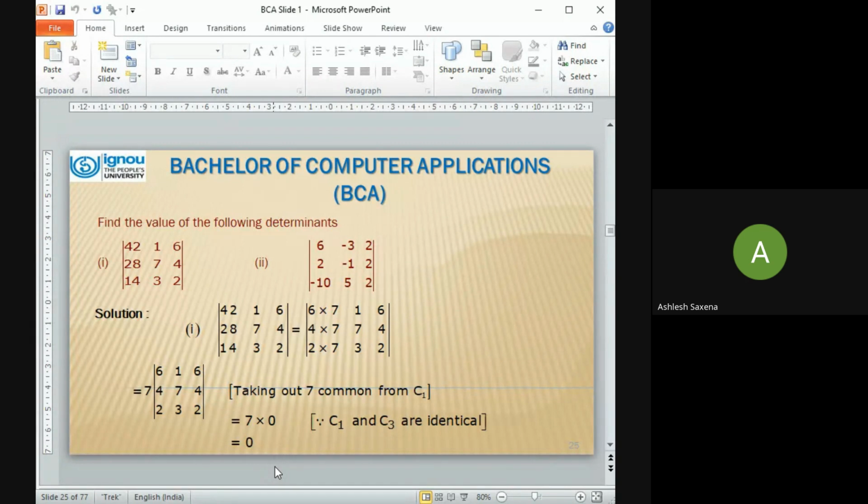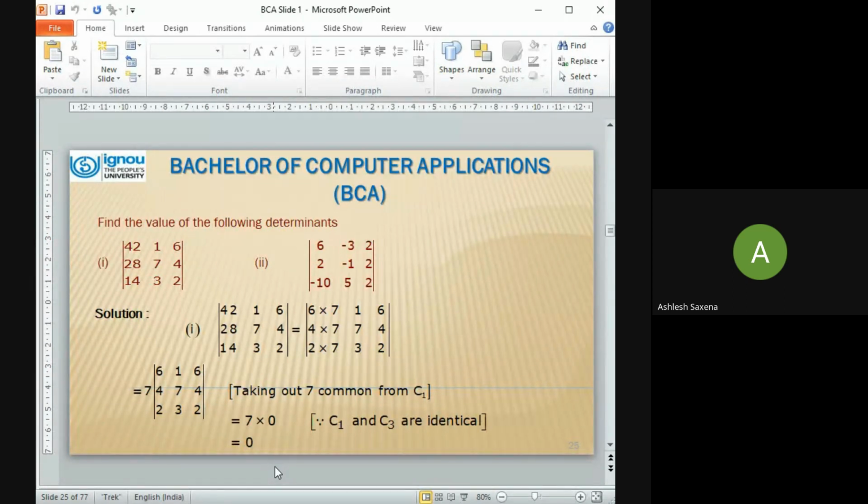I have split 42 in terms of 6. So what I got, 6 into 7, 28, 4 into 7, and 14, 2 into 7. 7 can be taken out, left with 642, 173, and again 642. You can see that these two columns are identical.